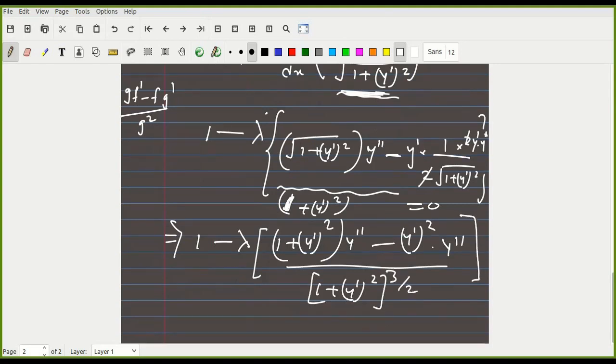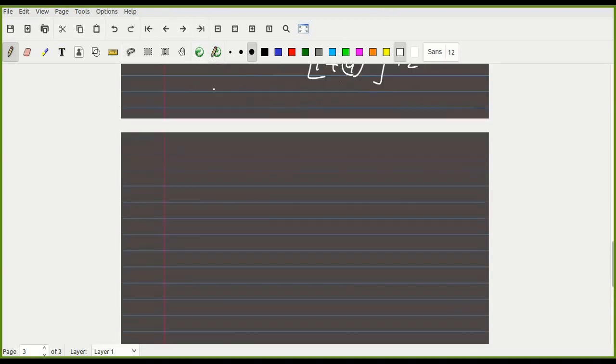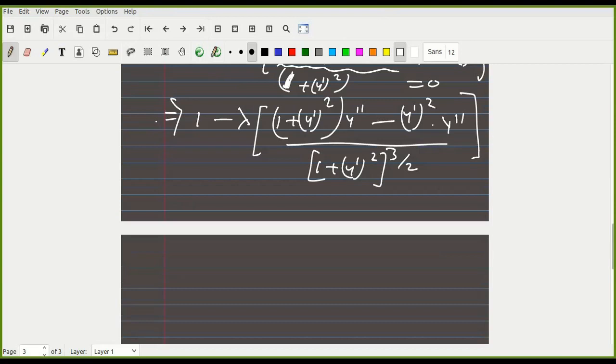So we are almost close to understanding what happens here. This implies 1 minus lambda. So you can see that this y dash square y double dash and y dash square y double dash gets cancelled.